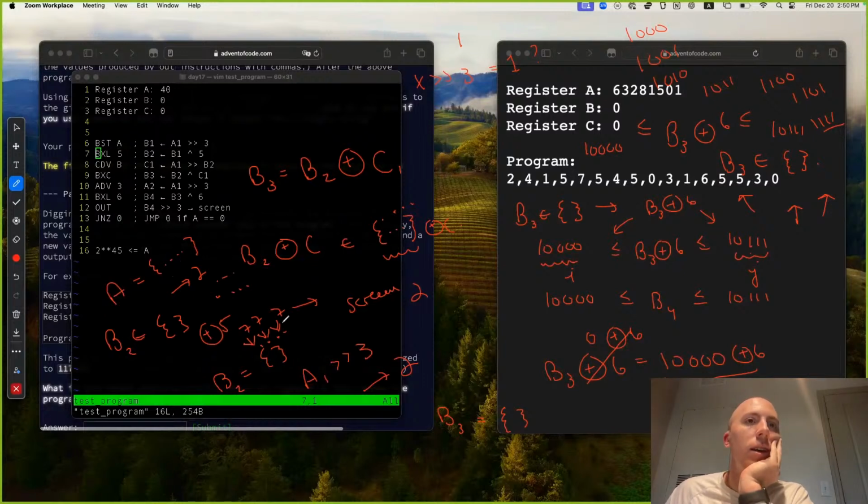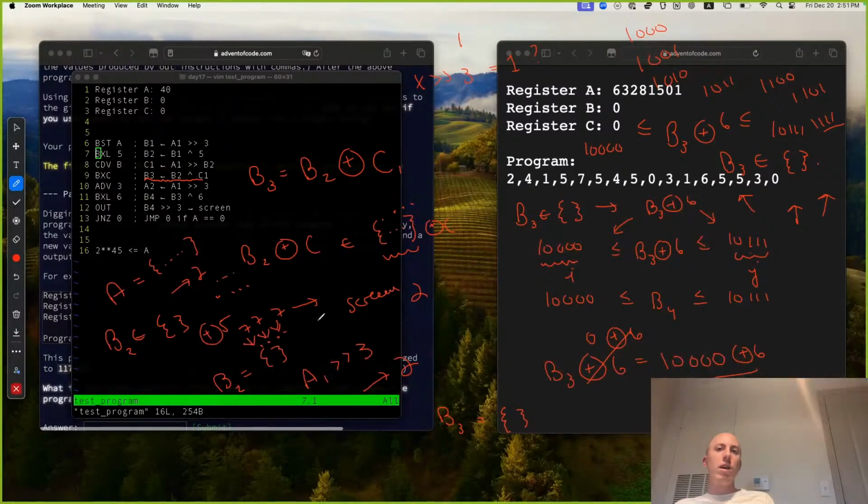Now the dirty thing that we elided over was this step here. We said this thing XORed with C. So C is a bit, I mean, we could just fix C, I guess.